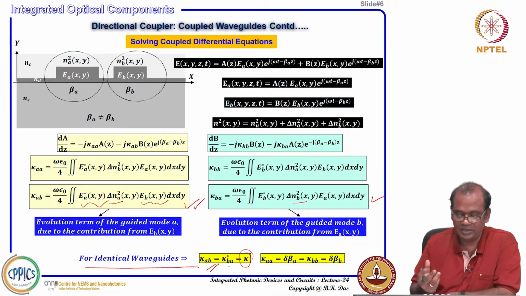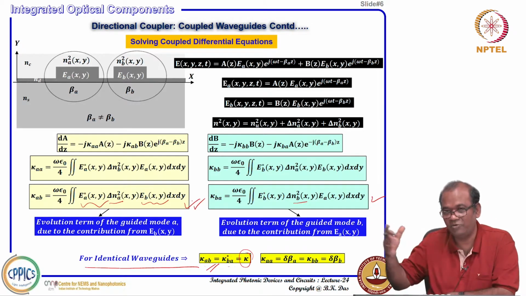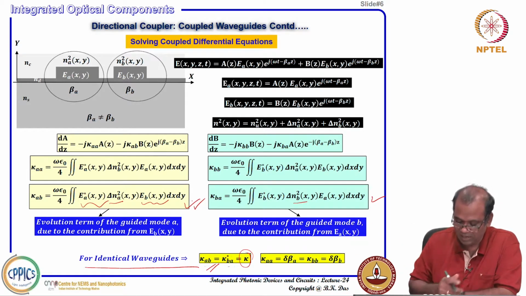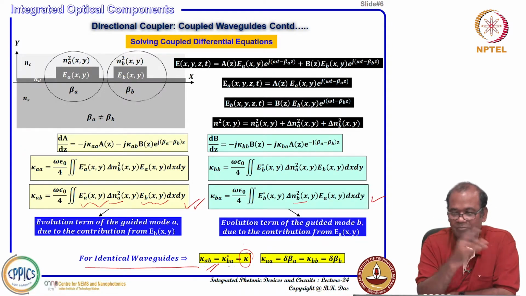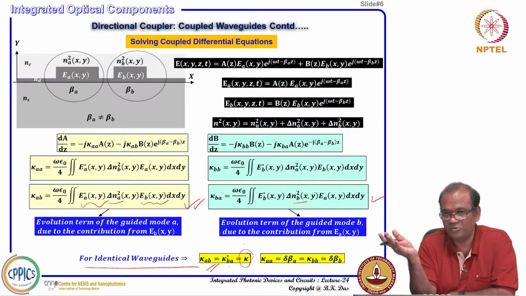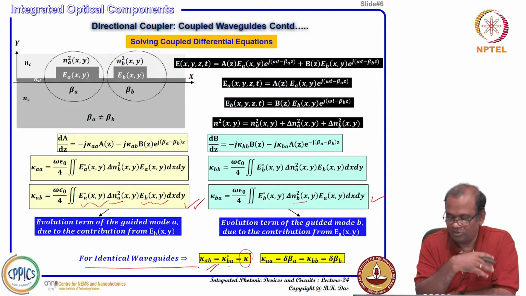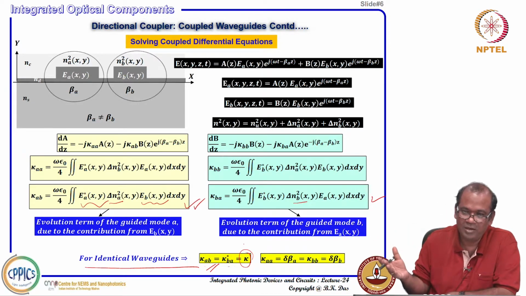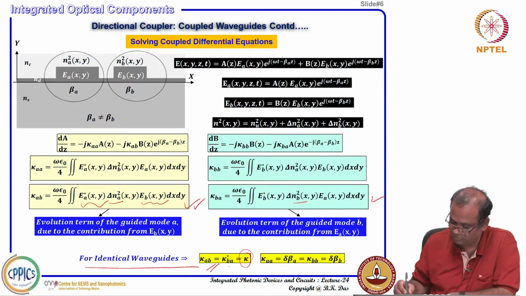The mutual coupling strengths from waveguide A to waveguide B and from B to A, kappa AB and kappa BA star, are just complex conjugates. So, if you know one way, and it comes out complex, the other way will be just the complex conjugate, that is it. And this one we have discussed here.